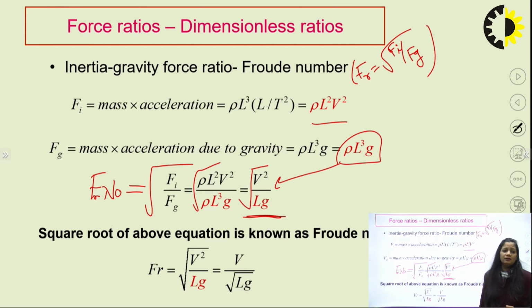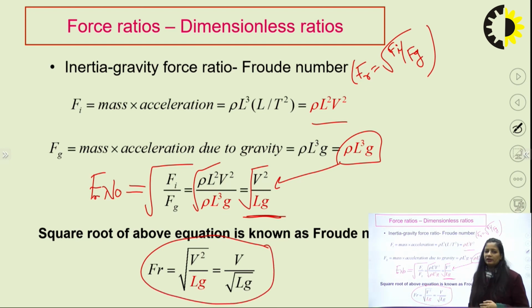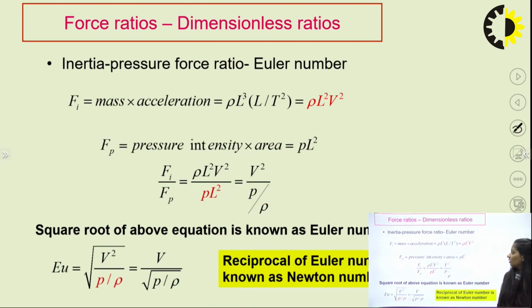What you will get? V by root over L g. That will be your final Froude number. That particular root over was missed actually. Okay, so the final equation for Fr is V by root over L g. So Reynolds number is over, Froude number is over.